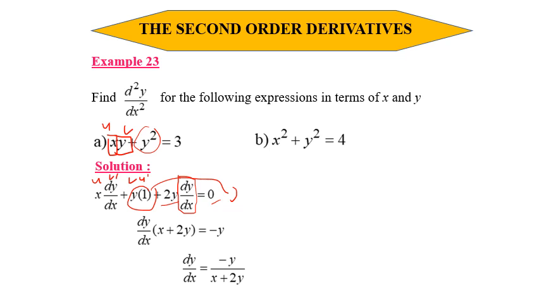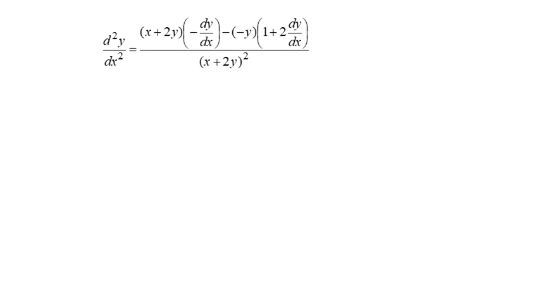And then don't forget, later we have to differentiate again to find the second order derivative. So look at the next slide. We apply the quotient rule since we have a quotient. So x plus 2y will be v, and this is u prime.